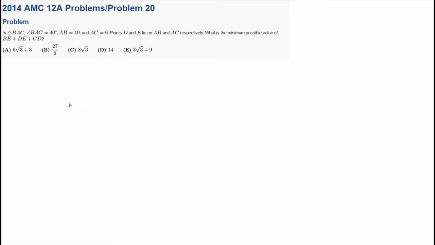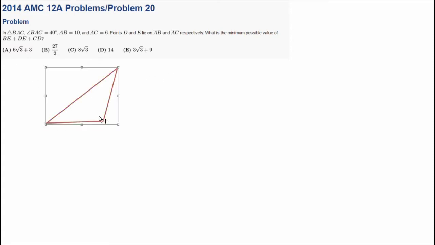Well, obviously, to start out, let's just draw it out. Let's have the lower left point be A, this point be C. Alright, I think that's okay.